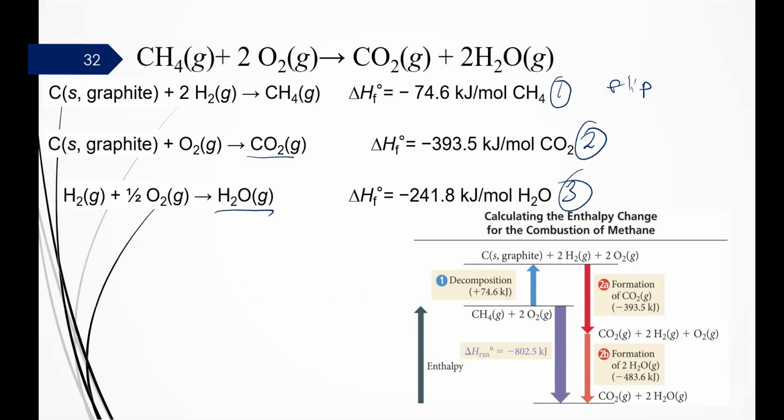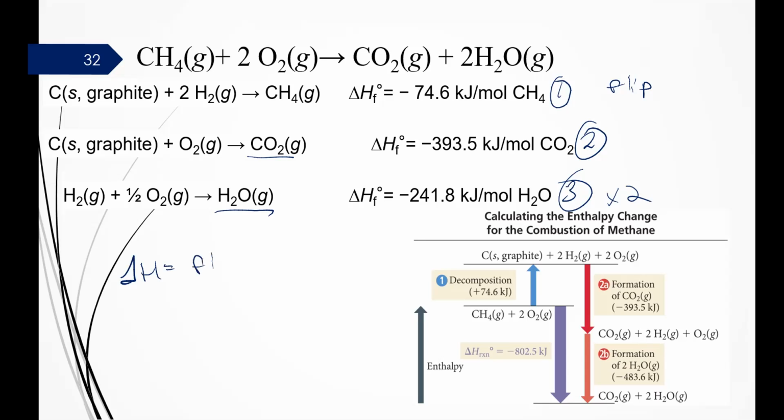And then, instead of having only one of these water molecules, we need 2 of them. So, for enthalpies, as we work through our Hess's law, the nice part about them is that your delta H will do whatever you do to your reaction.